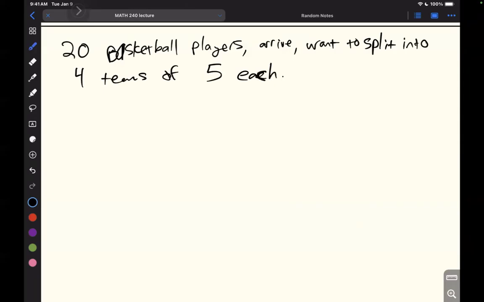No coach. In how many ways can this be done? How many ways? 4 teams of 5 each, 20 players. Think about it, 30 seconds.